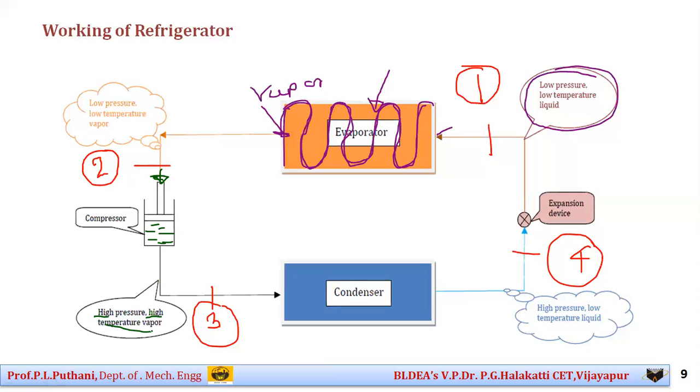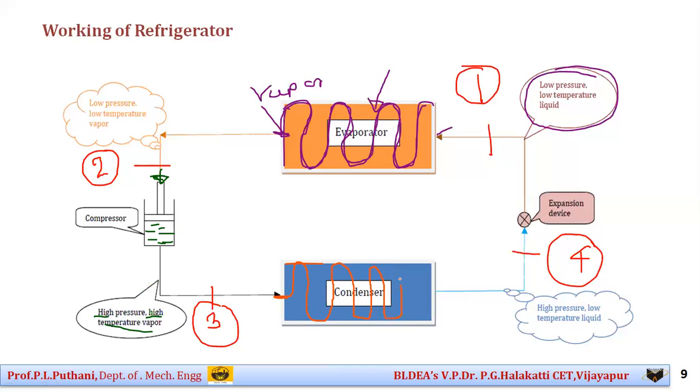Now it moves towards the third part of the machine, the condenser. This is the condenser, passing through point 3. In the condenser, if you observe carefully, students, it consists of a set of coil tubes here also, similar to the evaporator.